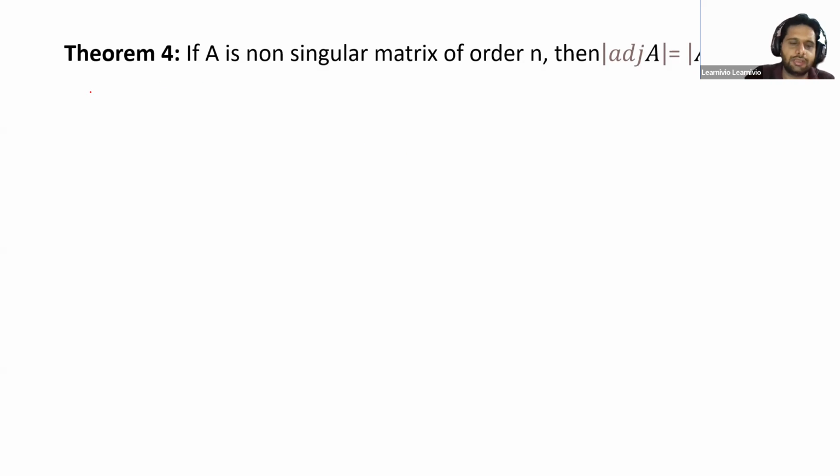Shravya, can you tell me what is the adjoint of a matrix? Shravya, you are on mute if you are saying something. Atif, can you tell me what is the adjoint of a matrix?